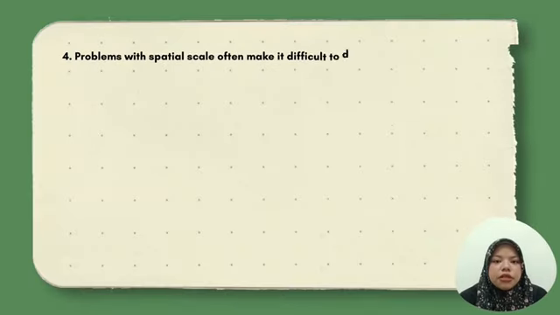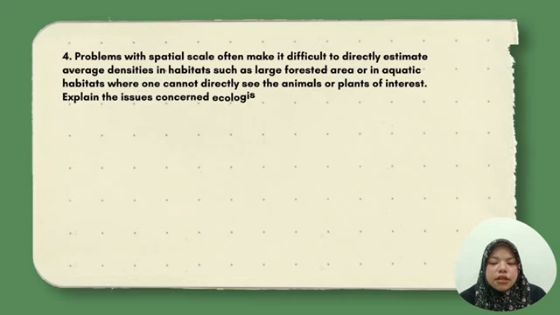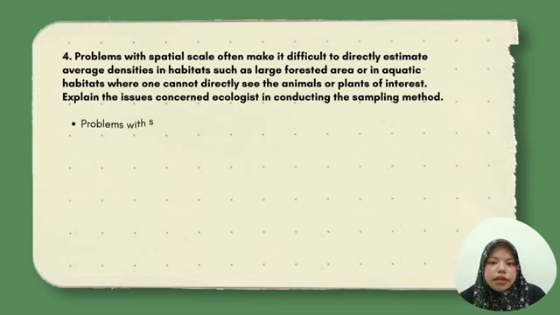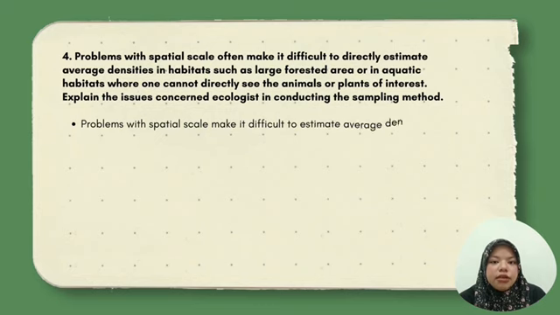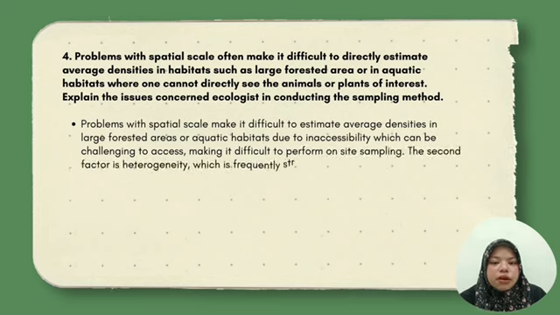Problems with spatial scale often make it difficult to directly estimate average densities in habitats such as large forested areas or in aquatic habitats where one cannot directly see the animals or plants of interest. Explain the issues concerning ecologists in conducting the sampling method.